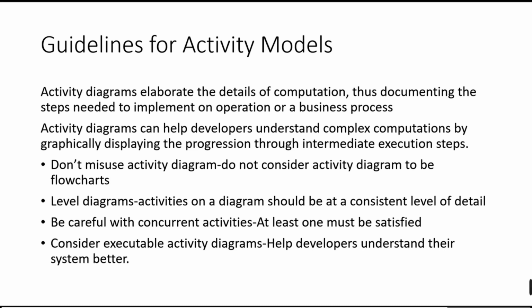It means don't misuse activity diagram. Don't consider activity diagram to be a flowchart. The activity diagram can represent concurrent activities, but it is different from the flowchart. And level the diagram, it means that activities on a diagram should be at a consistent level of detail. Just now we have explained that, for example, execute an order or settle an order are at comparable levels.